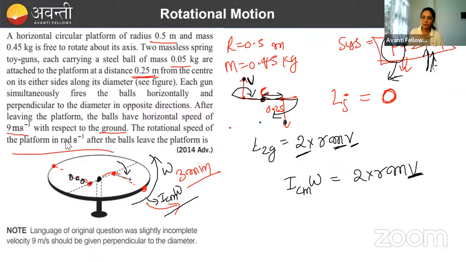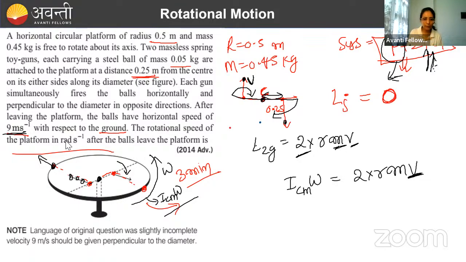Now which velocity do we need to take? It is asking for the omega value when the ball is just leaving the platform. And when it is just leaving the platform, its velocity is how much? 9 meters per second. So यहाँ पे आप 9 put कर दो. Now you just put the values. This is a circular platform, है ना? So this will act like a disc.